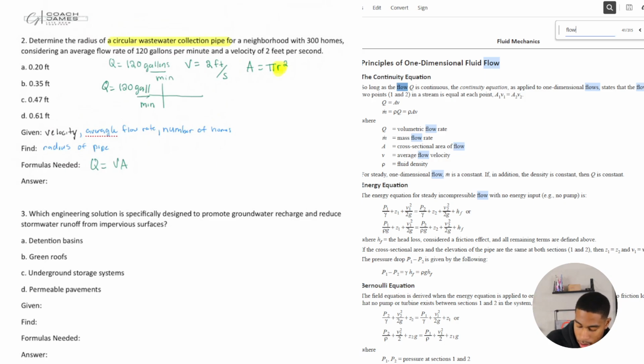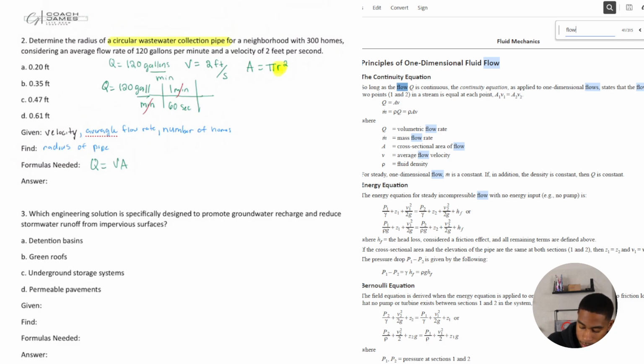So how can we get it from minutes to seconds? Well, I know that 1 minute is equal to 60 seconds. So that handles the first thing. Now our minutes cancel, and we have our flow in gallons per second.